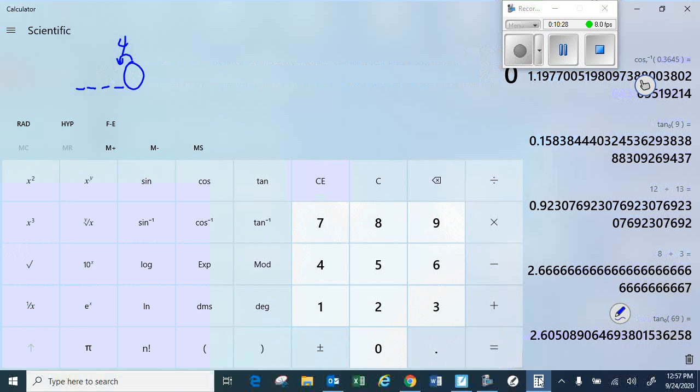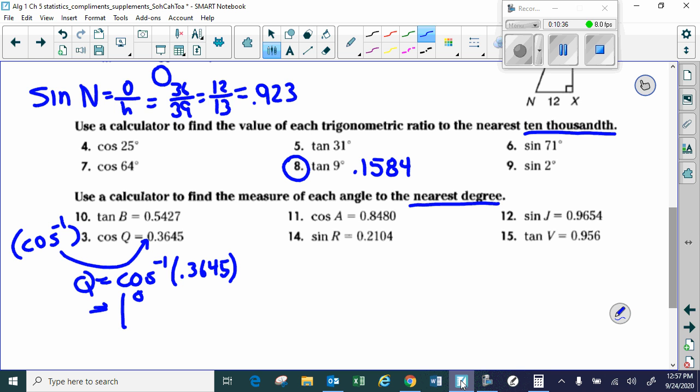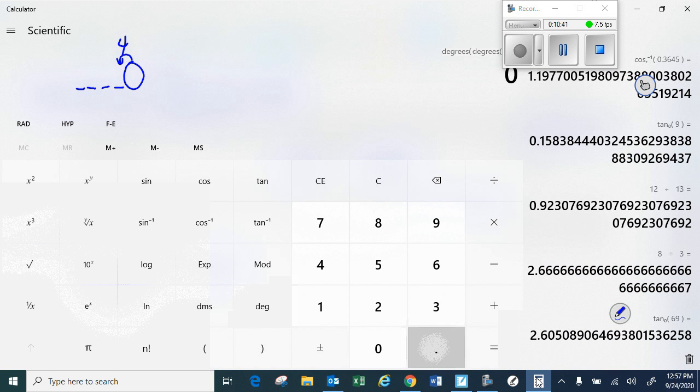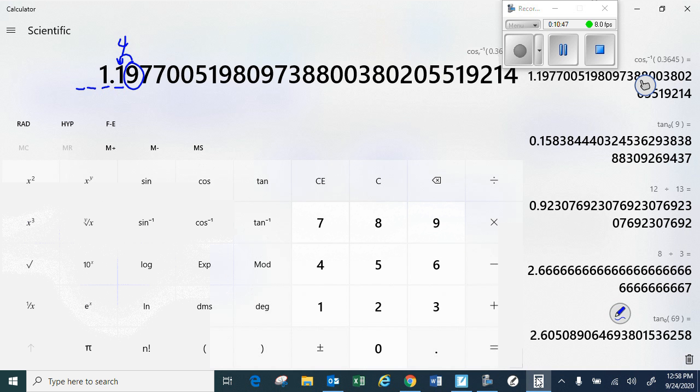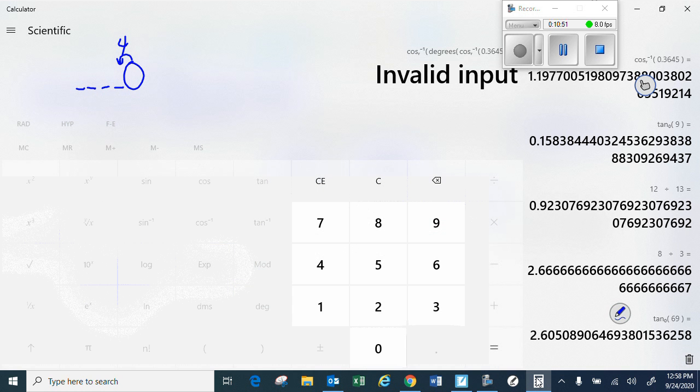Let's hit degrees. Make sure it's in that mode. What was it again? 0.3645. So degrees, 0.3645 inverse cosine. That's what it says. It won't even let me do that.